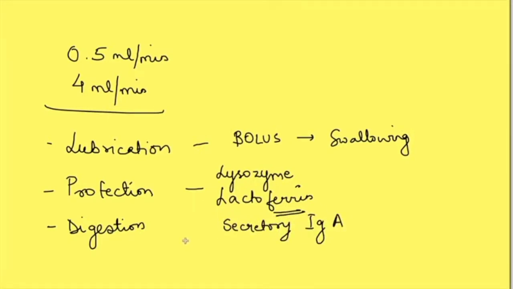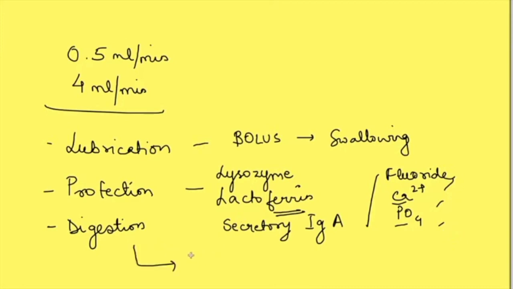Not only that, there are certain minerals also present in saliva like fluoride, calcium, phosphates. Some demineralization is always occurring from our tooth because of bacterial decay. But if salivary secretion is normal, these minerals present in the saliva will replenish the minerals which are depleted due to bacterial decay.